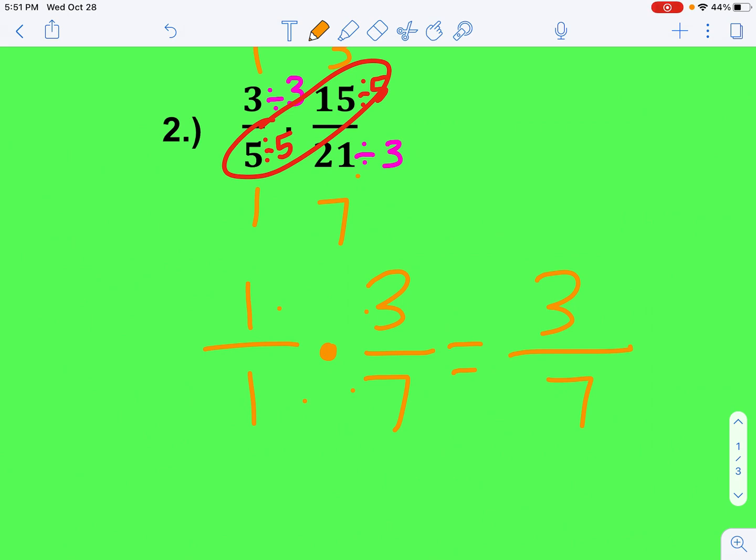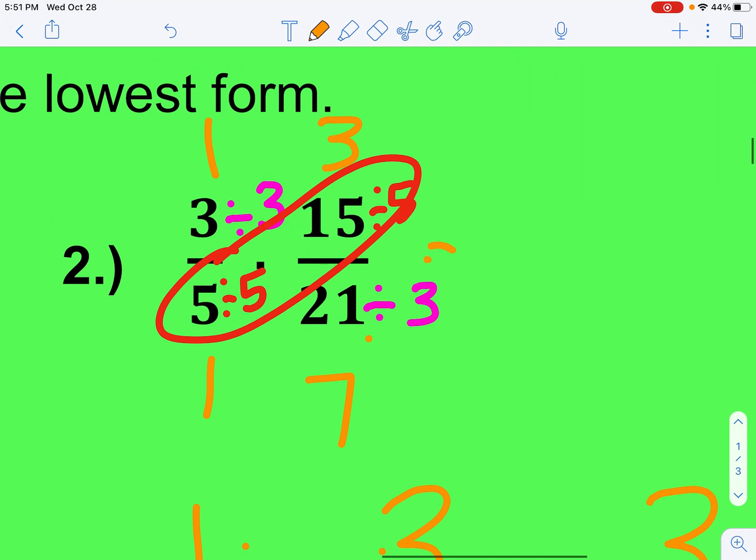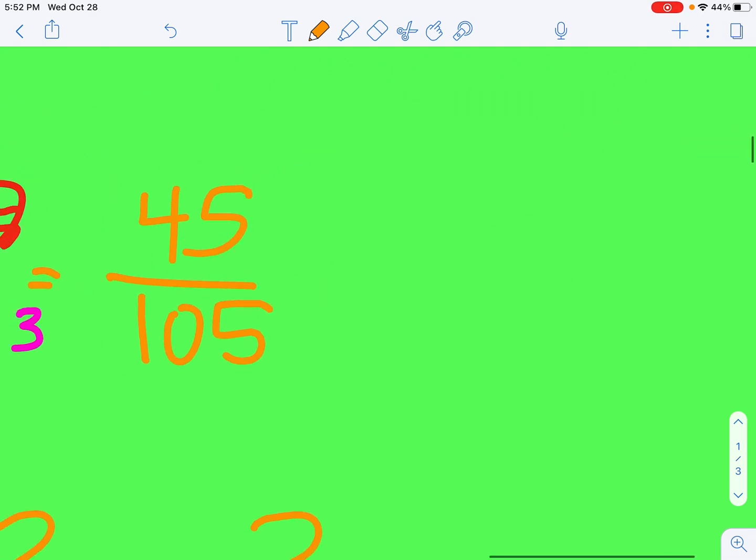If you did not simplify beforehand, you would multiply just straight across. 15 times 3 gives you 45. 21 times 5 gives you 105, I believe. Yes. And then we'd have to simplify this.